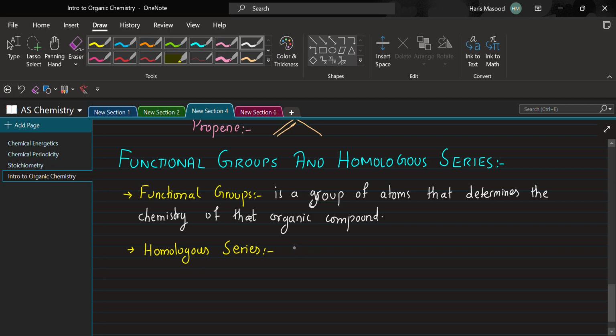Homologous series: series of compounds with same functional group.